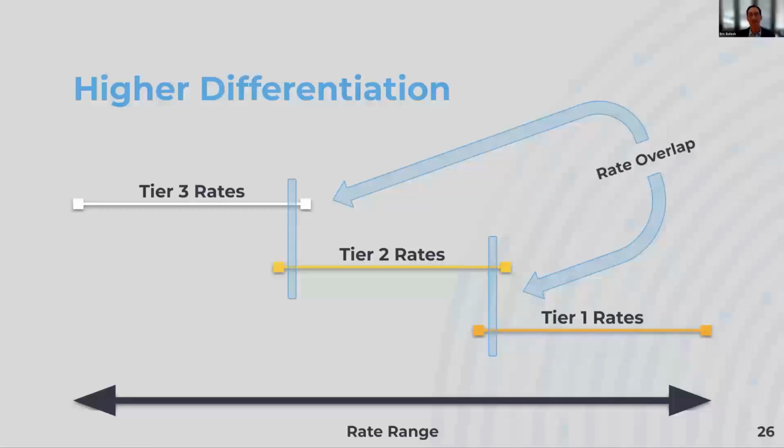This is what we want our chicken to grow up to be. You don't have a lot of overlap. Maybe the upper end of tier 3 overlaps with the lower end of tier 2 and so on, but you don't see a situation where everyone might be paid the same rate. That just doesn't make sense in the HCP world.